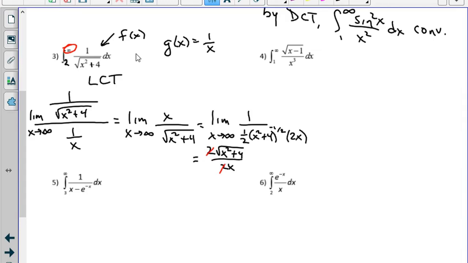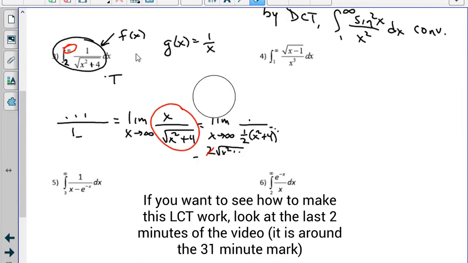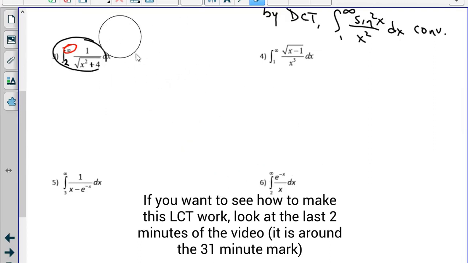That cancels the 2's off, and I end up with root x squared plus 4 over x, which is basically the reciprocal of the original. So it seems like I'm just going to keep bouncing back and forth between these two things, and this appears that it will also be inconclusive. So in this particular case, I get an inconclusive result for both the limit comparison test and the direct comparison test. So that might be a good idea on your own to see if that one converges or diverges. Just explore it a little bit.